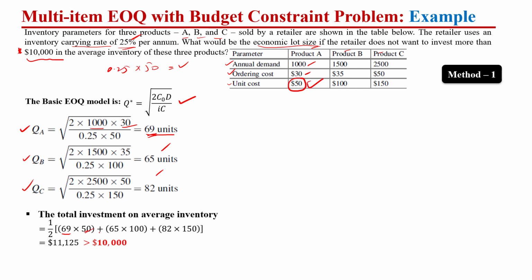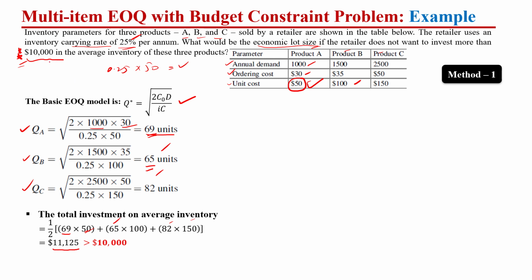Plus product B, the optimum order quantity multiplied by the unit cost, which is $100. Same is the case for C. If we calculate the average cost, that is basically 11,125. But the restriction was that it shouldn't be greater than $10,000. So the constraint is violated, which means the budget constraint is violated.